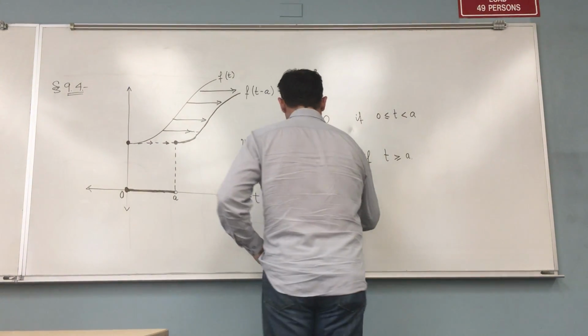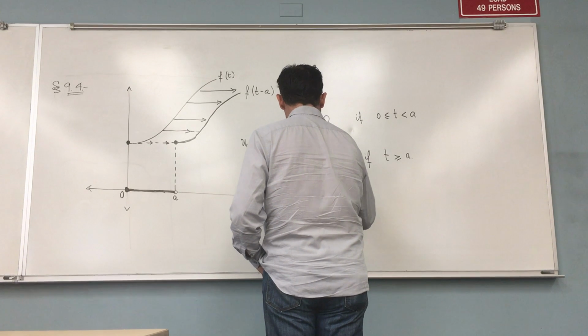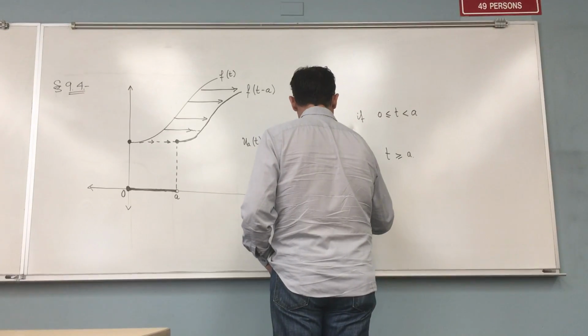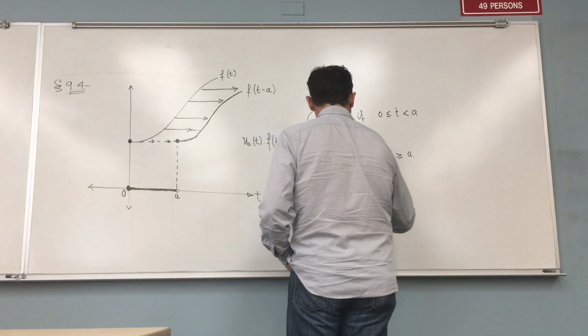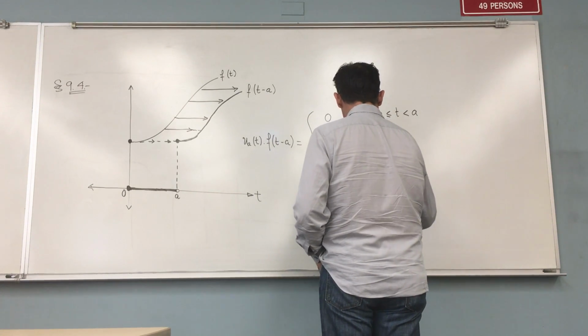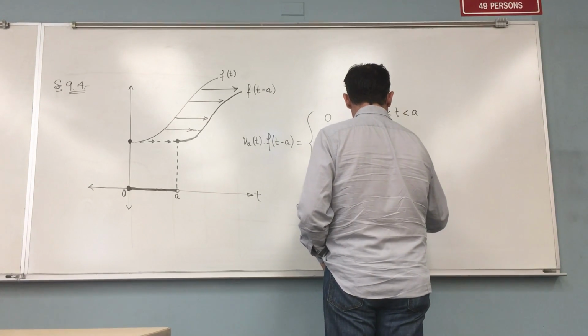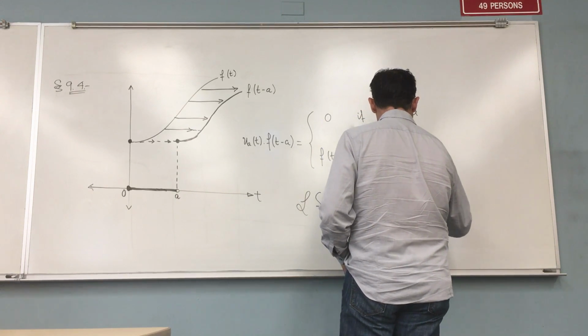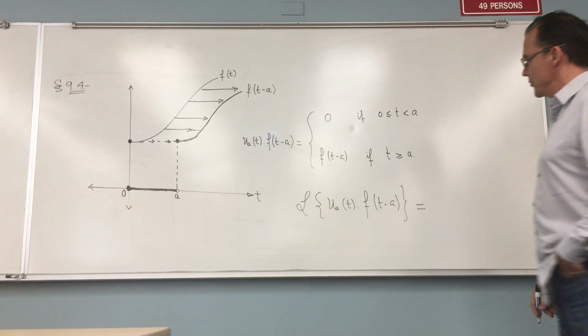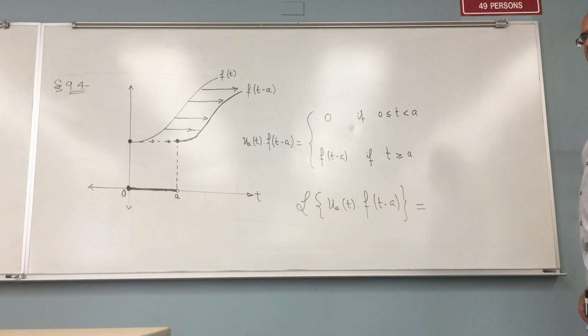So if that would reflect what the non-homogeneous term on the right-hand side of the differential equation looks like, we'll be interested in finding the Laplace transform of this type of function. And what's the formula for that?